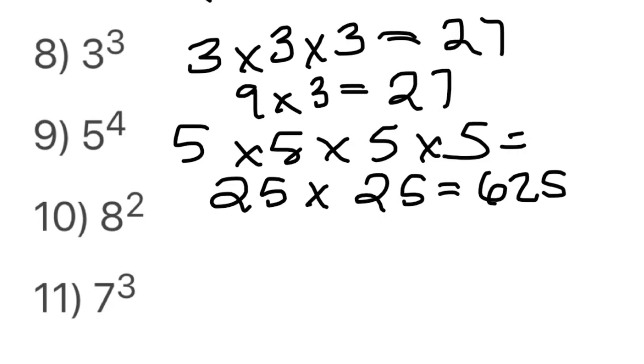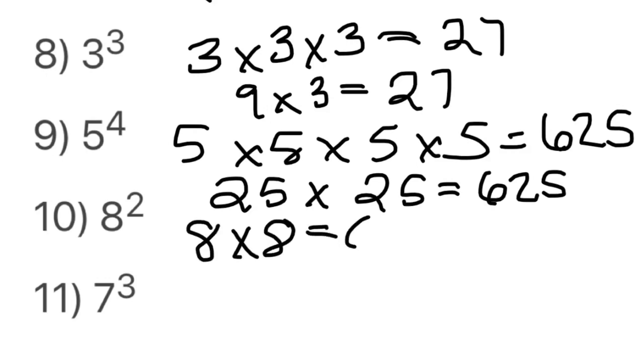So 5 to the 4th power is 625. 2 more. Pause the video and try number 10 on your desk. So number 10 is 8 times 8. We only have 2 of them, which is 64. Easy, easy, easy.